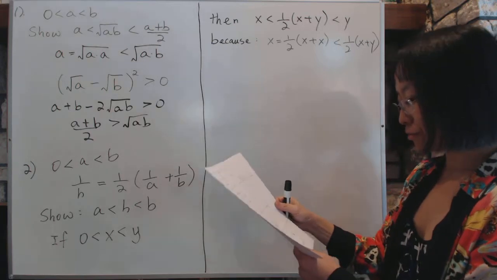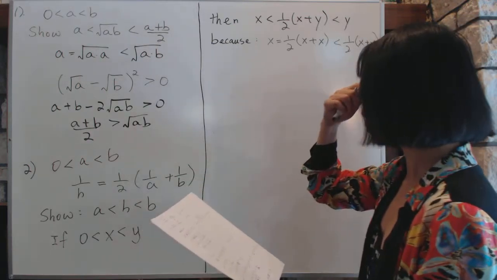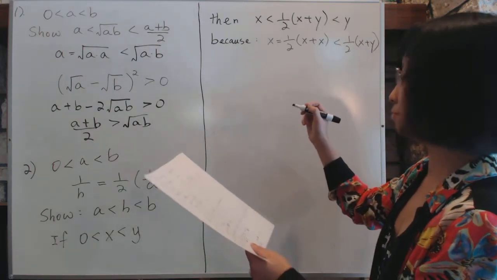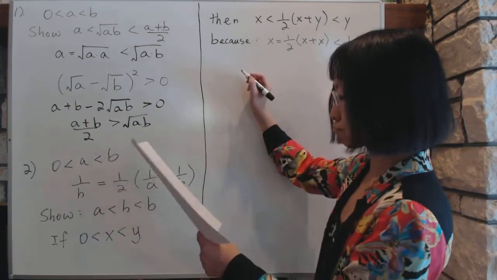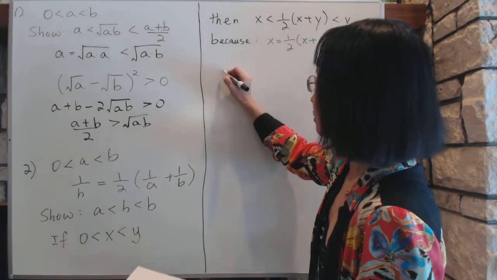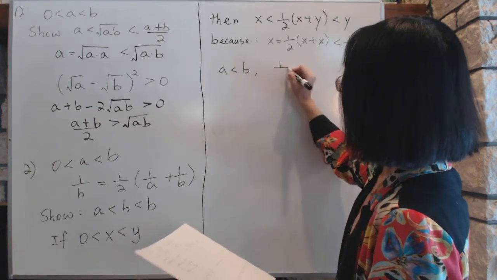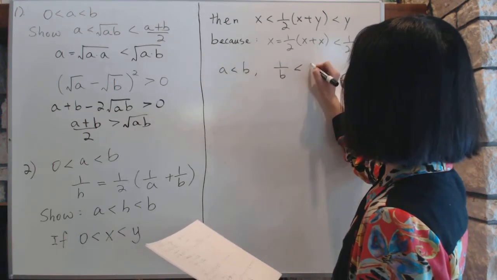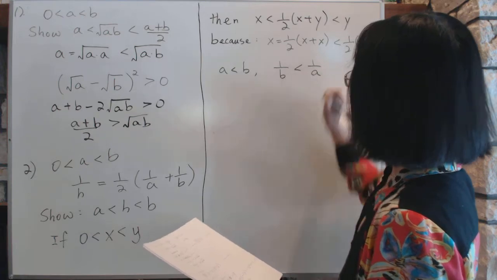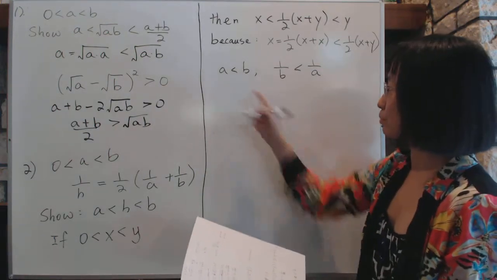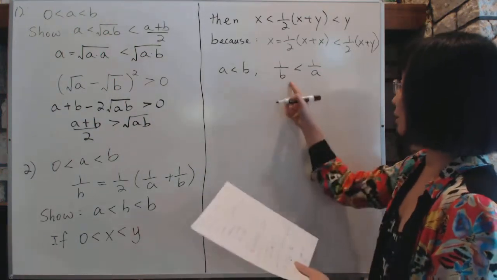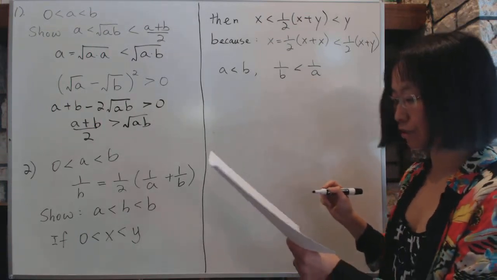Okay? Now, so since A is less than B, it goes that 1 over B has to be less than 1 over A. And when you flip it around, you push B down here and put A down there. So then you get this inequality.